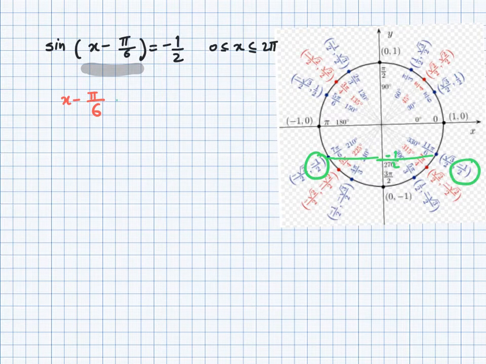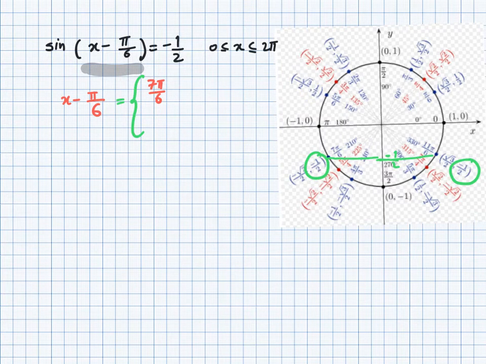So we can see from here that the angle is going to be equal to 7 pi over 6. That's this one here, 7 pi over 6. And it is equal to another one, which is, okay, go back, just give me a second.